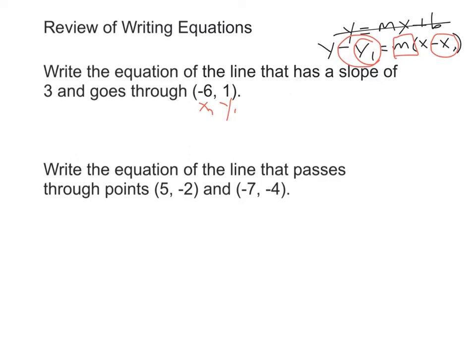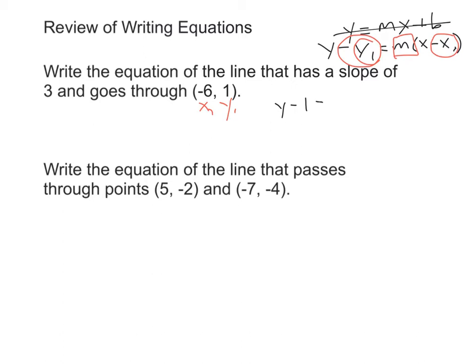We start by writing y, then minus y1. The y1 value is 1, so y minus 1. Now you probably remember in class we talked about this: if it's a positive 1 in the point, it's going to be minus 1 in the equation. It's always the opposite.